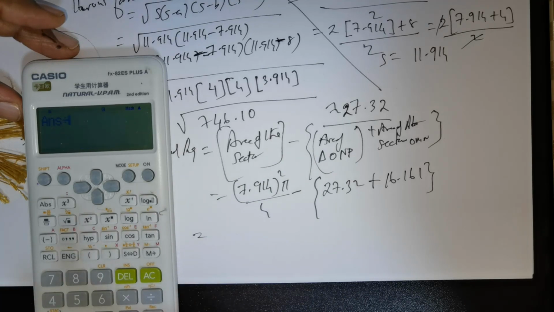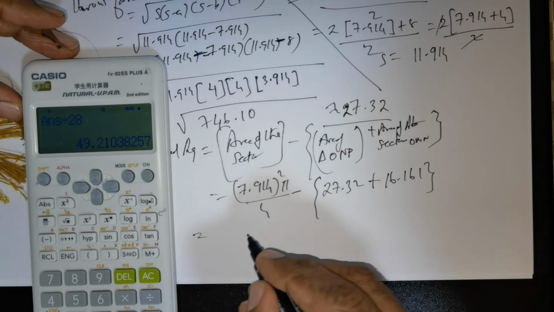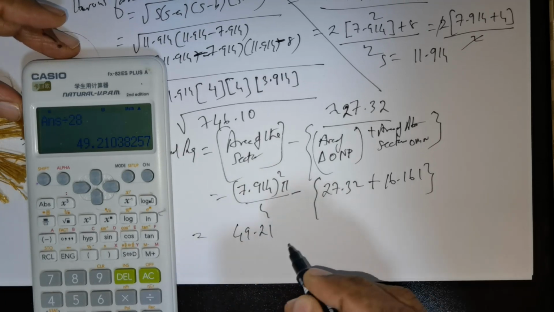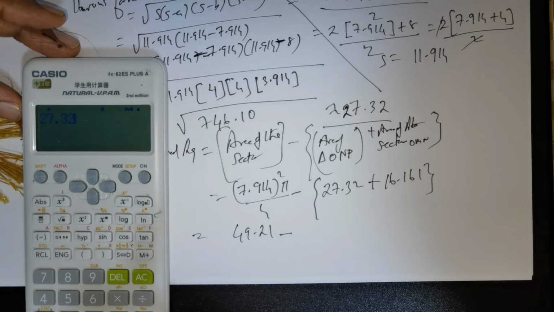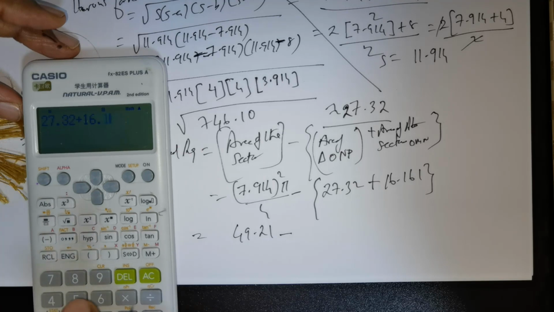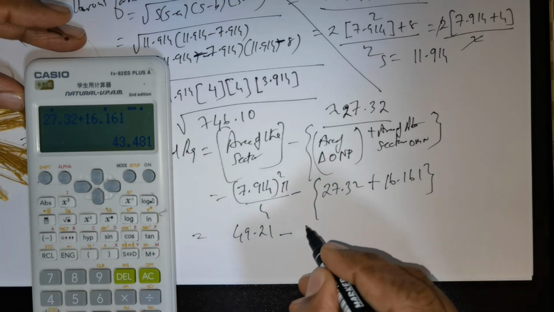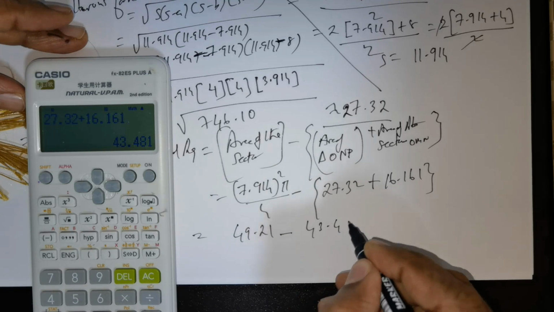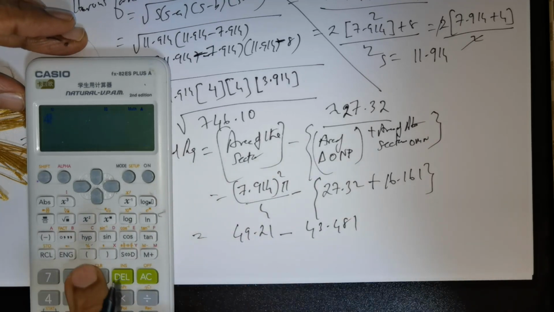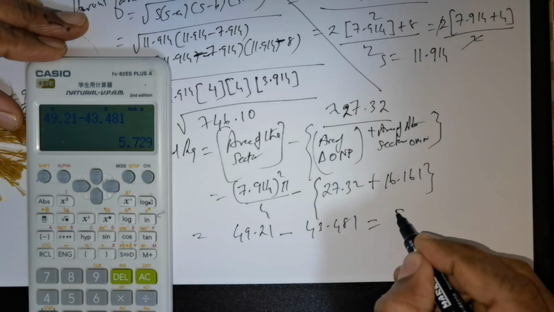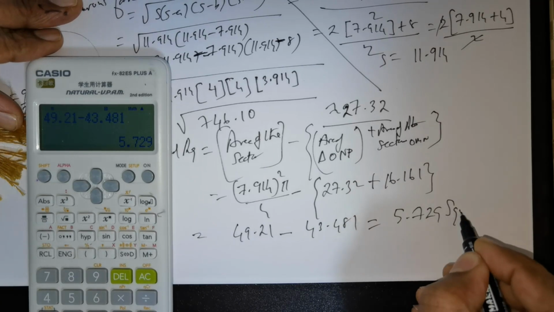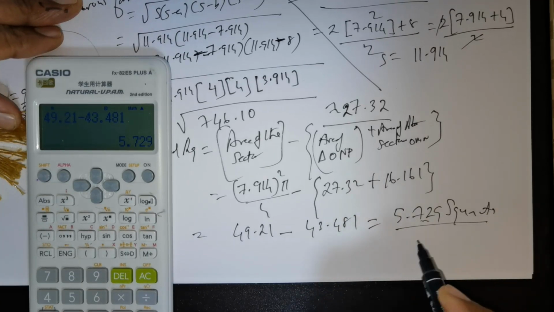So this is divided by 28, and that is going to give me 49.21 minus, let me take 27.32, add it up with 16.161. What is that? That's 43.481. So from 49.21 I am subtracting 43.481. So what do I get? I get 5.729 square units.